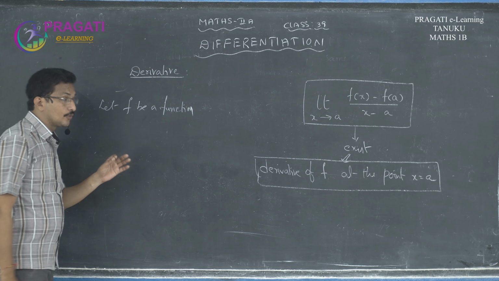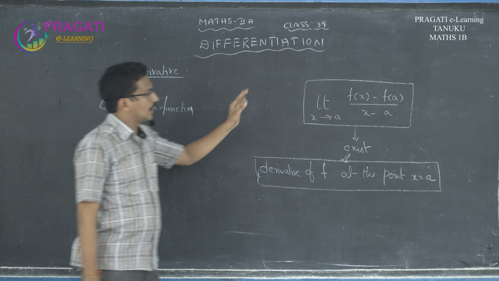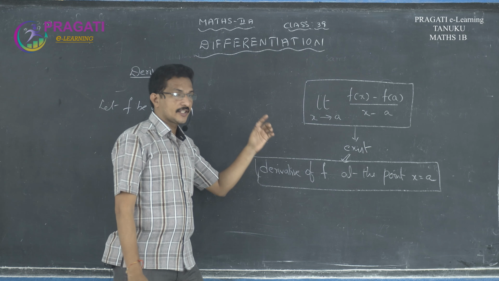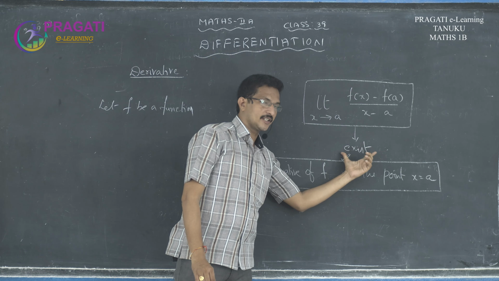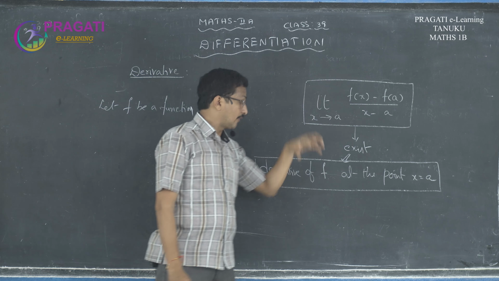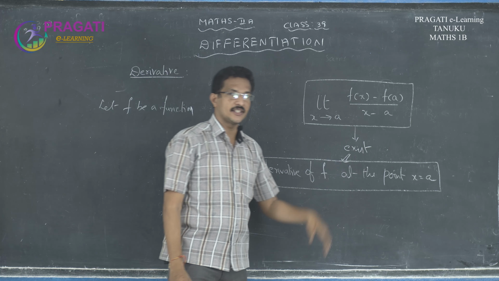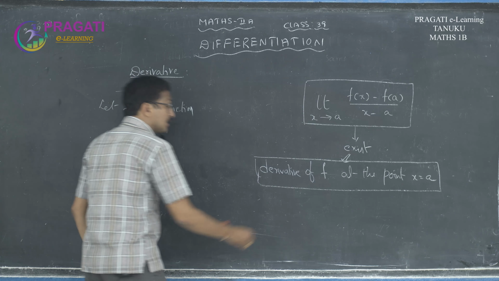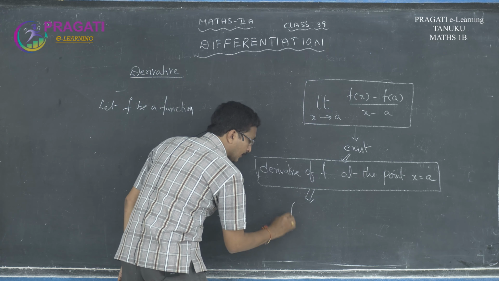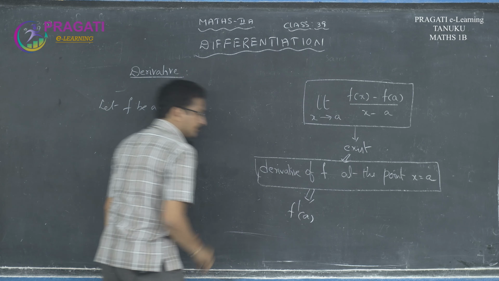Limit x tends to a, f of x minus f of a by x minus a exists, and the value is called the derivative of f at the point x is equal to a, and it is denoted by f dash of a.